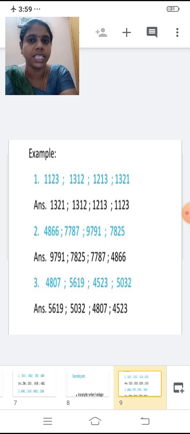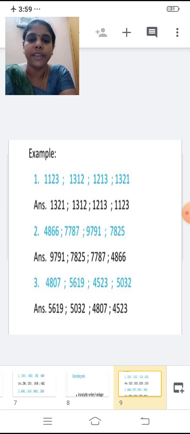Just see the hundreds place for the second number and the fourth number and tell me which is bigger. In the second number we have 6 in the hundreds place. The last number we have 0 in the hundreds place. So 6 is greater than 0, right? So 5619 is the biggest number.